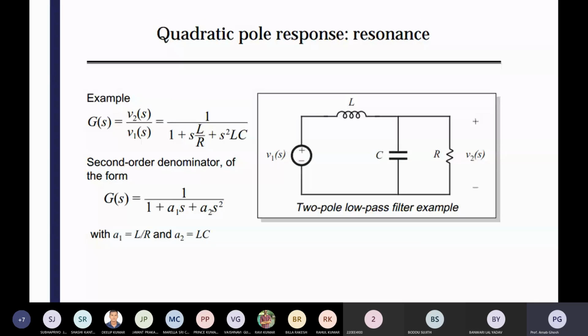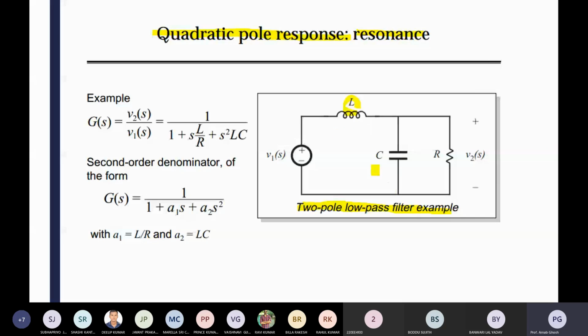So here you can see the quadratic form, or quadratic pole response. This is the quadratic circuit diagram, the basic diagram of a two-pole low pass filter example. First we started with the low pass filter of single order, then it is the second order low pass filter.